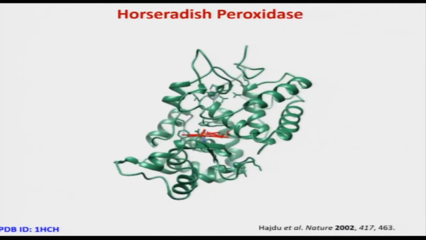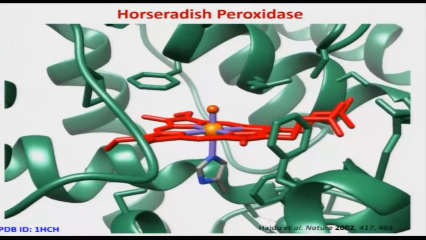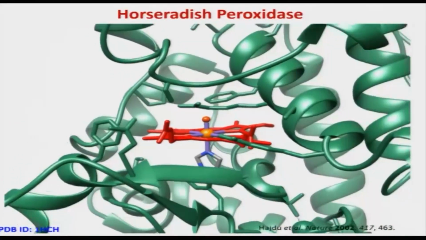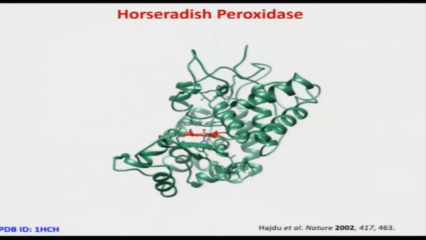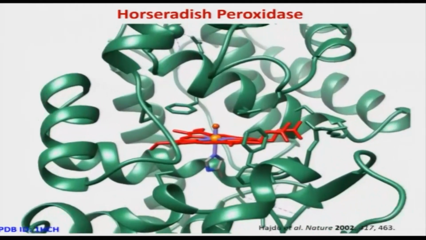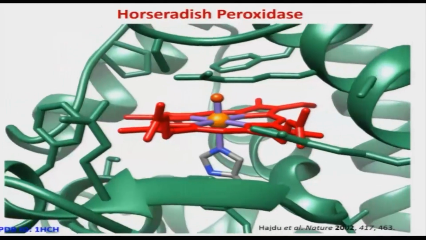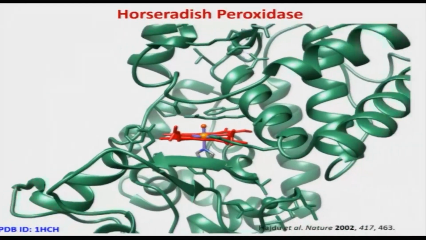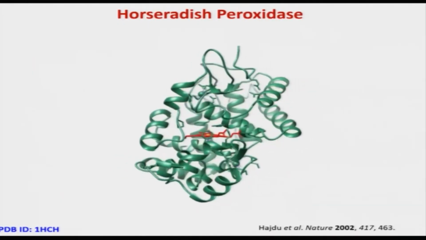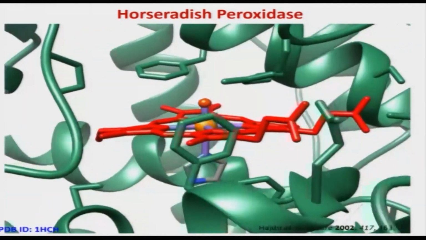Now, horseradish peroxidase is well characterized, and the X-ray structure is shown here. As one can see, the heme center, just like in catalase, is sitting at the center, and huge protein chains are surrounding it. Indeed, these protein chains control the specificity of the reaction, like the type of substrate that would be allowed to come close to the heme center.